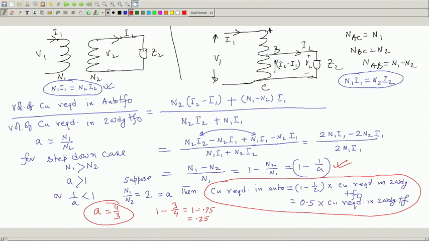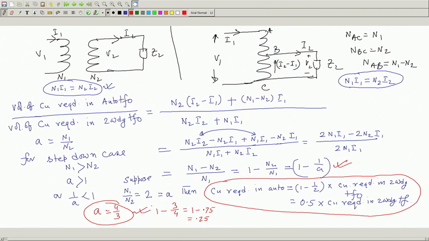Savings of copper will be more if A approaches 1. If you decrease the value of A, savings nonetheless will take place, but not at as high a rate as it was doing for A equal to 4 by 3.